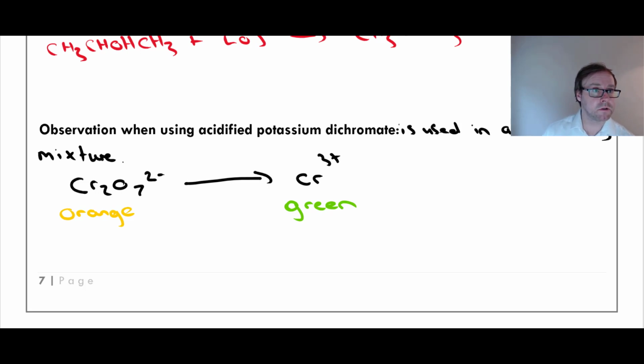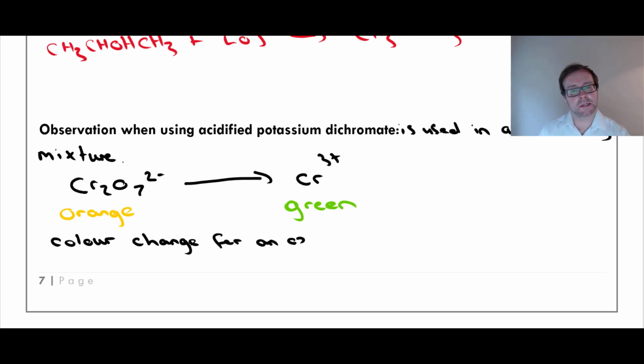However, what you do need to know is that the color change for an oxidation reaction involving potassium dichromate is orange to green.